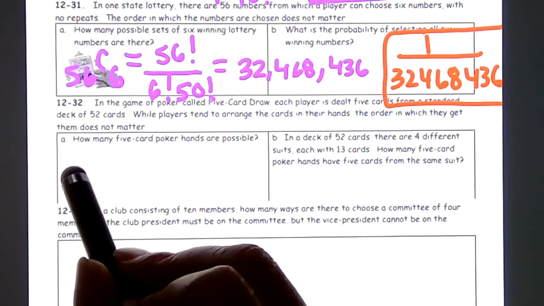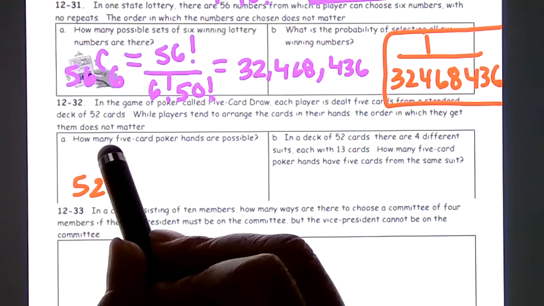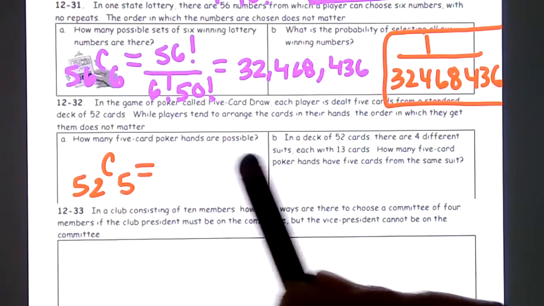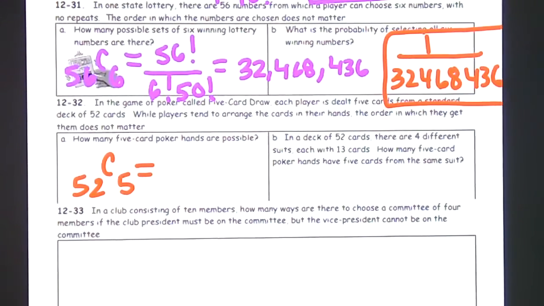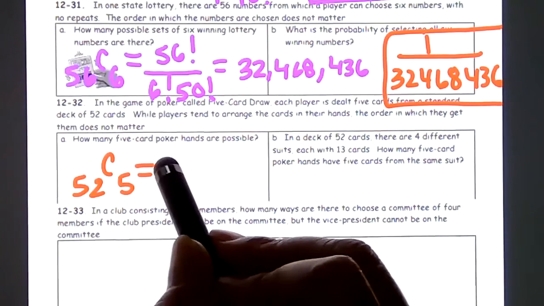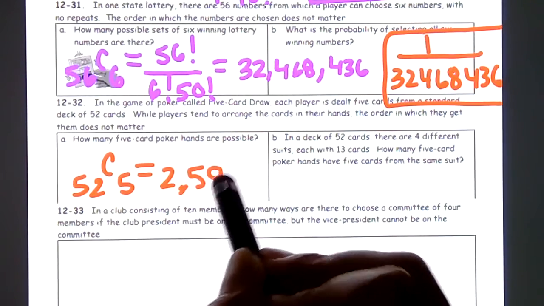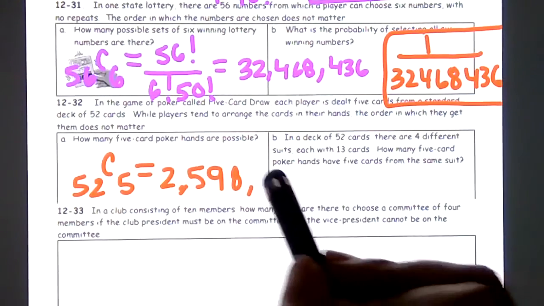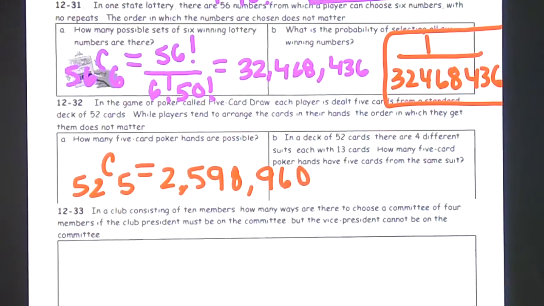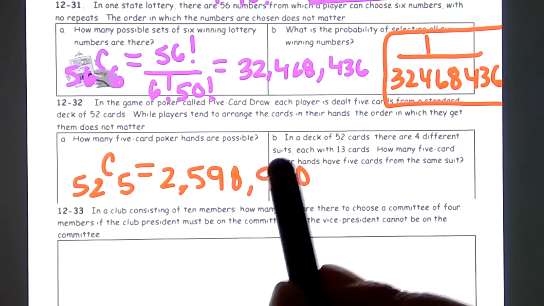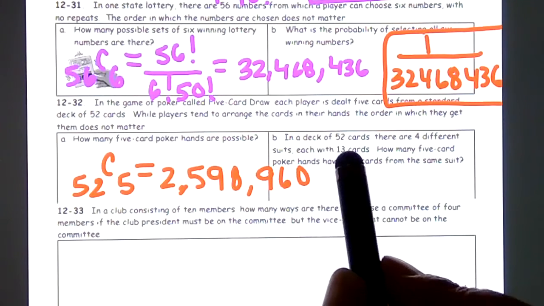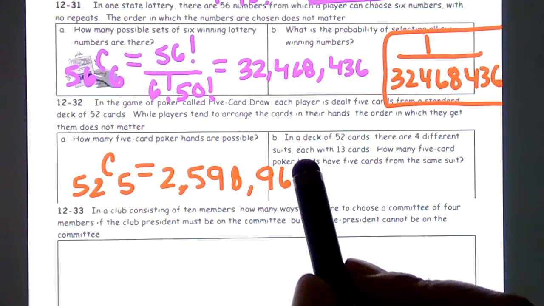So this is going to be 52 choose 5. And when I did that earlier, we ended up with 2,598,960.